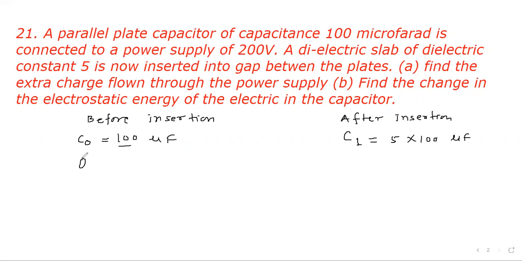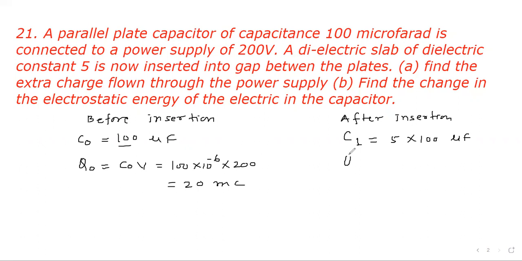Now charge Q0 is equal to C0 times V. Here C0 is 100 into 10 power minus 6, into voltage applied, 200. So that will be equal to 20 millicoulomb.